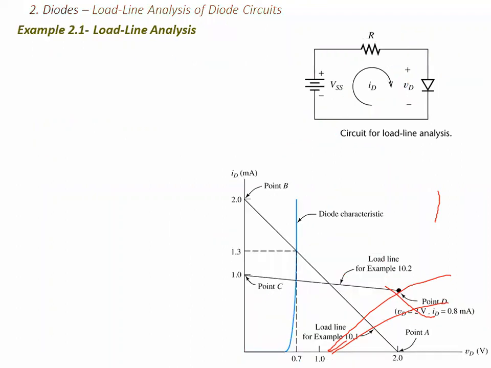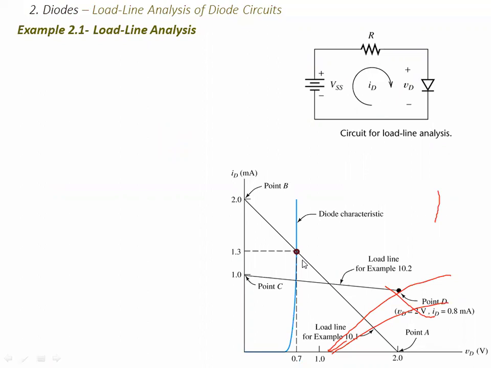Looking at it that way, you will see that if there was another diode with this diode characteristic for a given circuit, then it would have defined operating points.